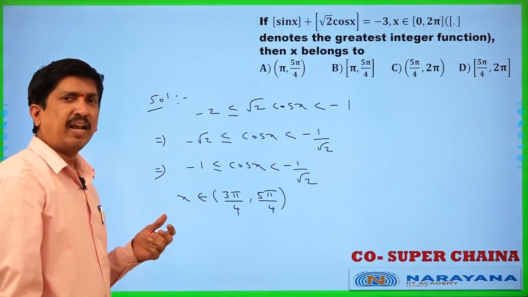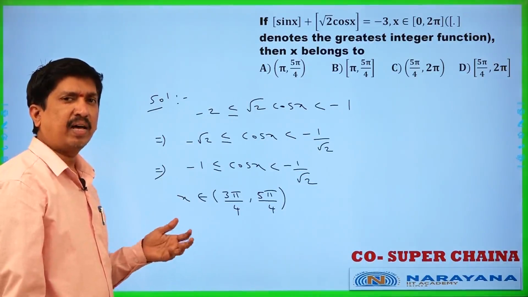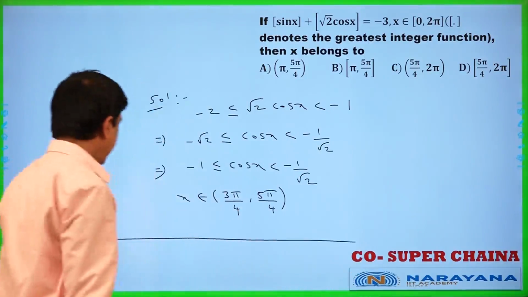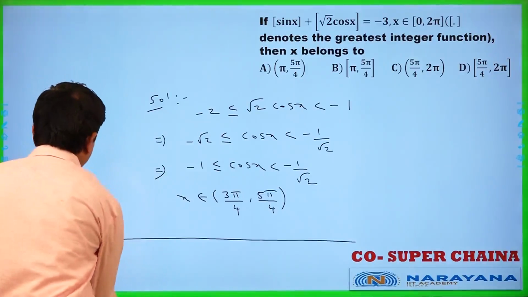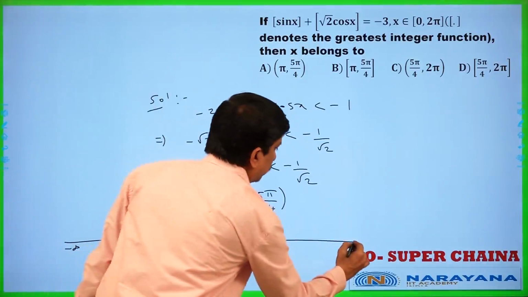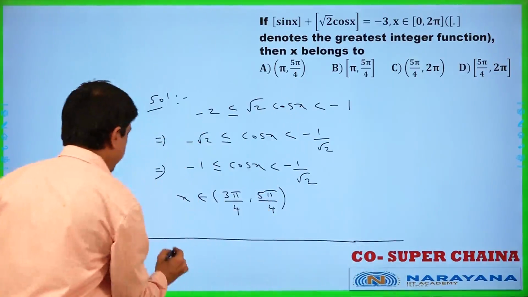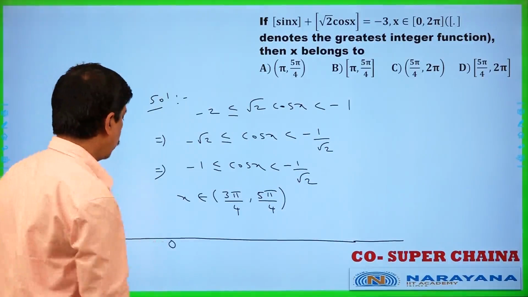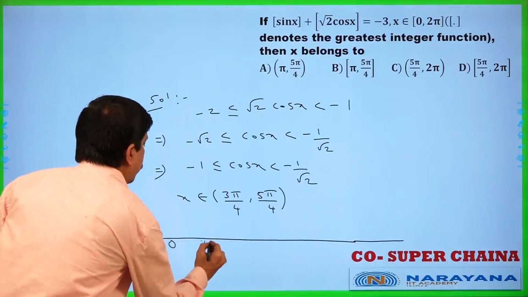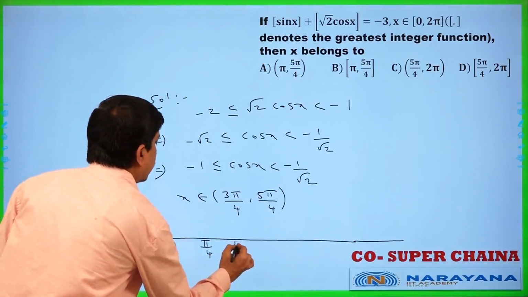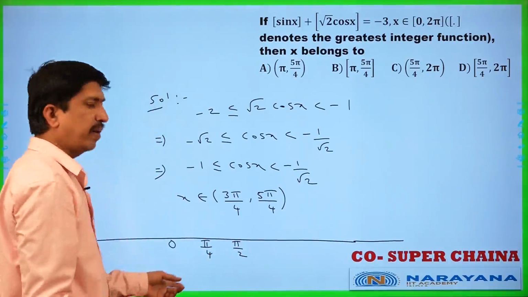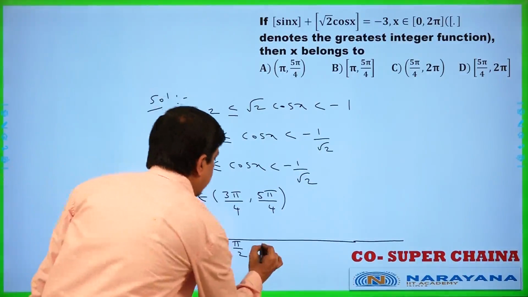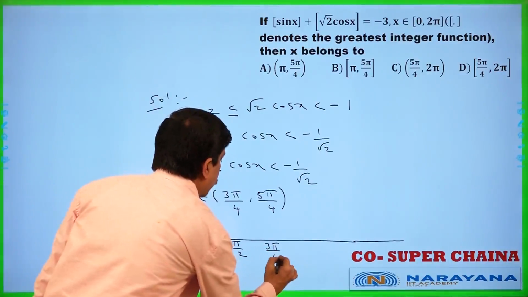Now I will draw the real line. According to the real line, the answer we will pick up. Scale I am taking, this side minus infinity, that side plus infinity only. Here I am taking negative parts, we did not get that one. 0, pi by 4, after that pi by 2, 45, 90, after that 135 I will take, that is nothing but 3 pi by 4.